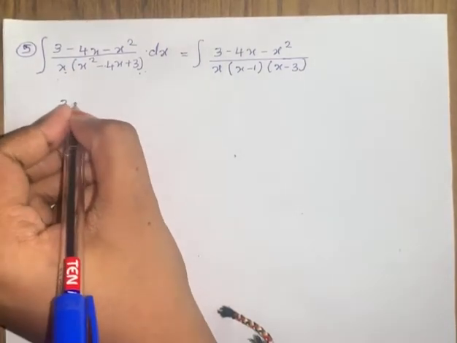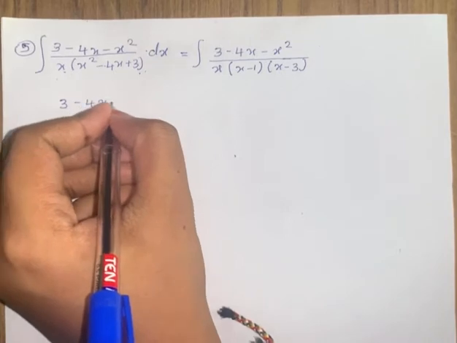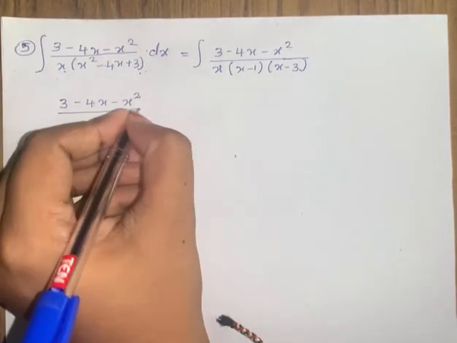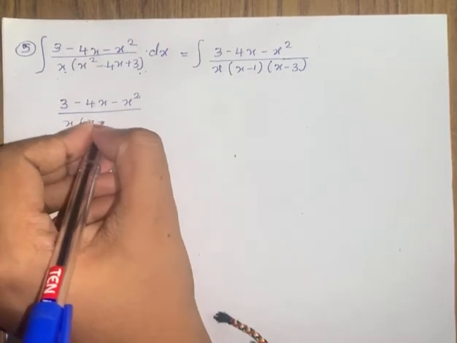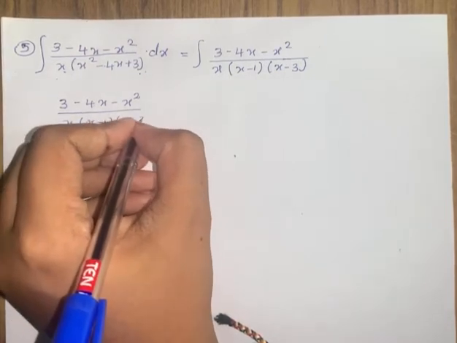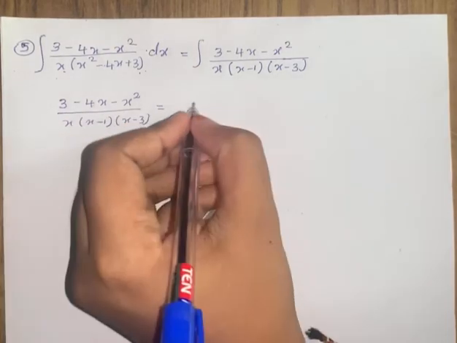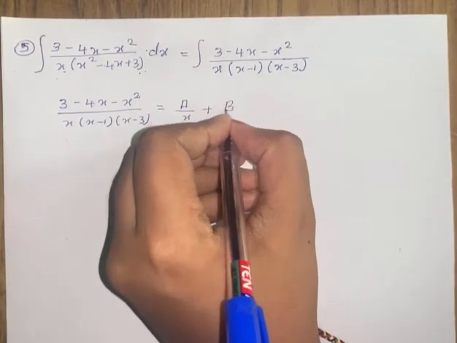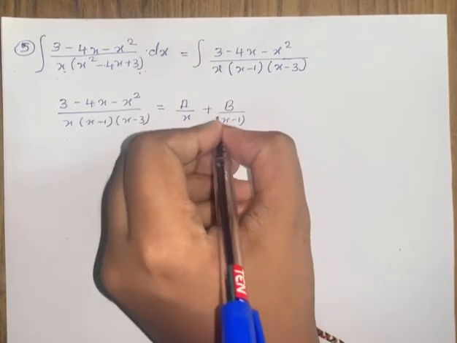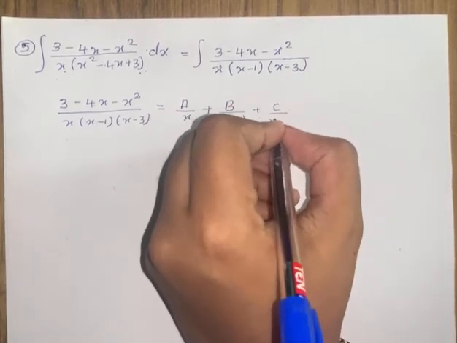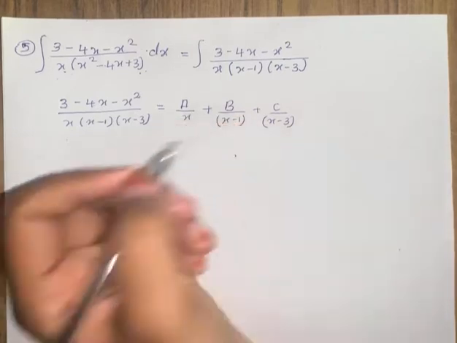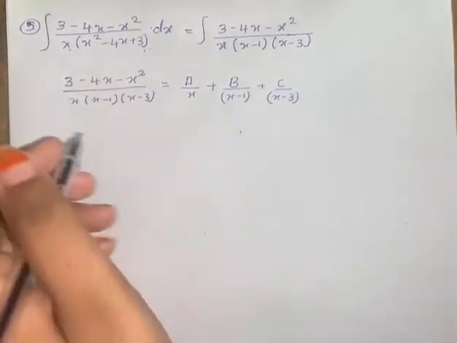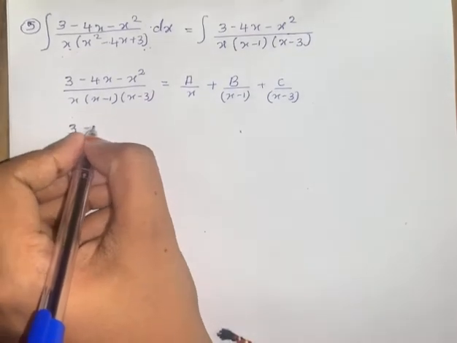So here we will do our same method. Just see, there's one thing to tell. If we write A over x plus B over x minus 1 plus C over x minus 3, here we are having three constants.